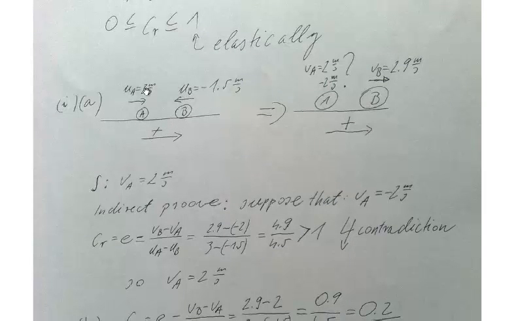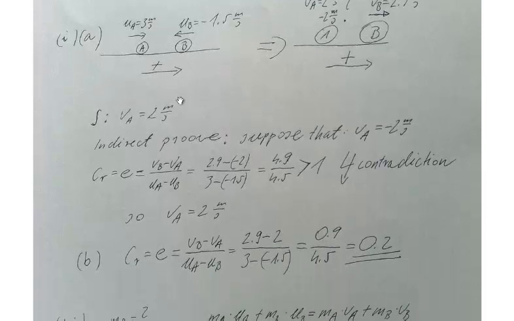Here is our figure before the collision and after the collision. This is our positive direction, so UB is equal to minus 1.5, and we have to decide whether VA is equal to 2 or minus 2.